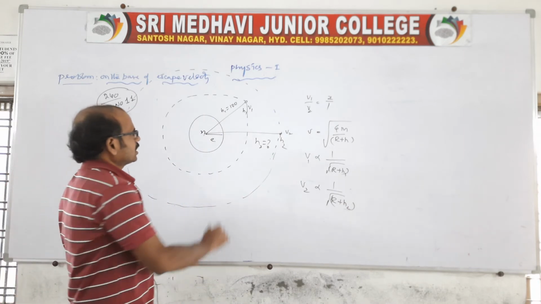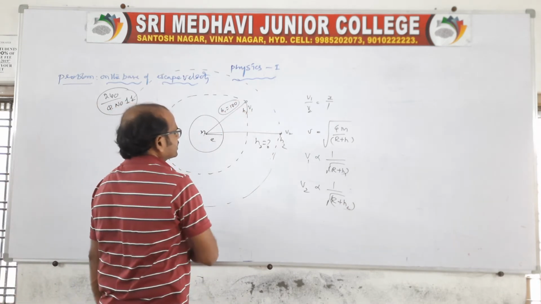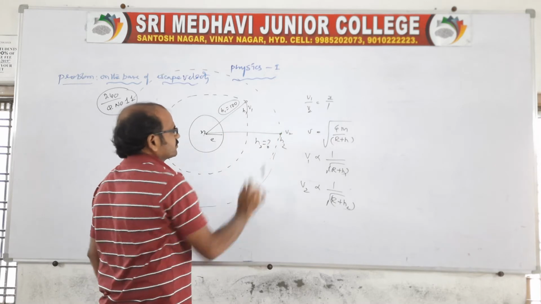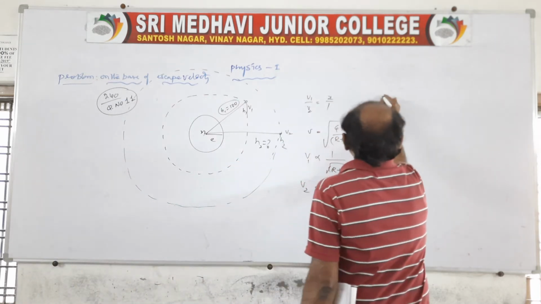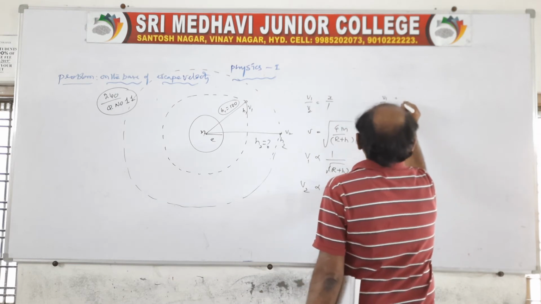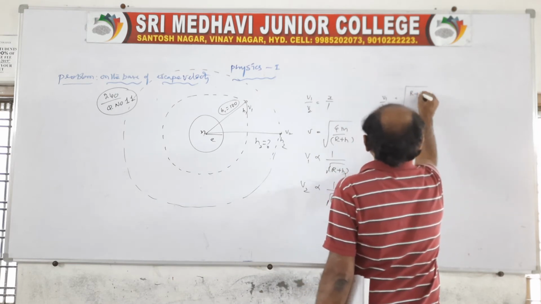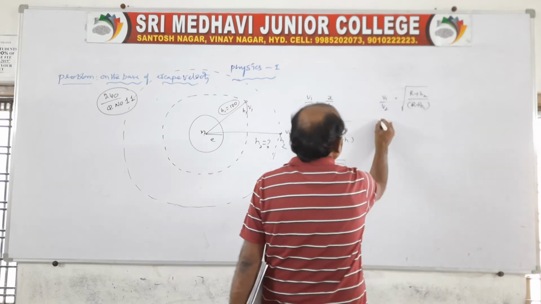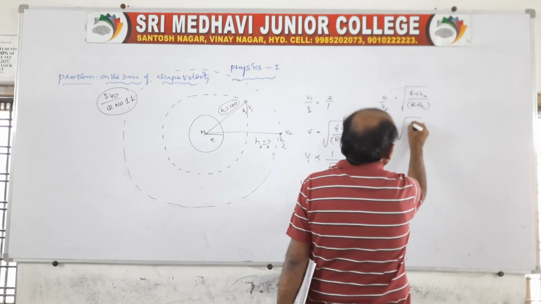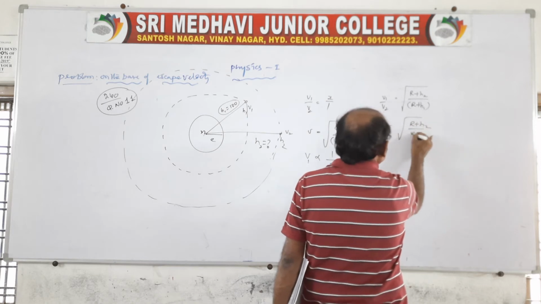Here the height of one satellite is given, and the ratio of the speeds of the two satellites is also given. So V1 by V2 is equal to root over R plus H2 by R plus H1. V1 by V2 is 2 by 1, root over R plus H2 by R plus H1.